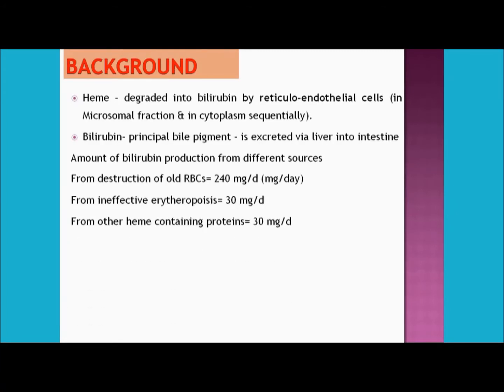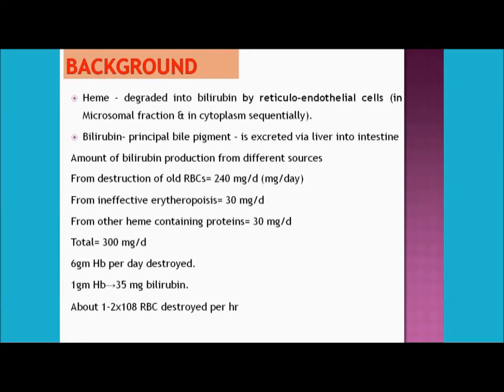From other heme containing proteins, 30 mg also comes per day, and this is the total amount of bilirubin produced in the body. It is around 300 milligrams per day, and 6 grams of hemoglobin per day is destroyed. So 1 gram of hemoglobin is equivalent to 35 mg of bilirubin. So this is the overall calculation.